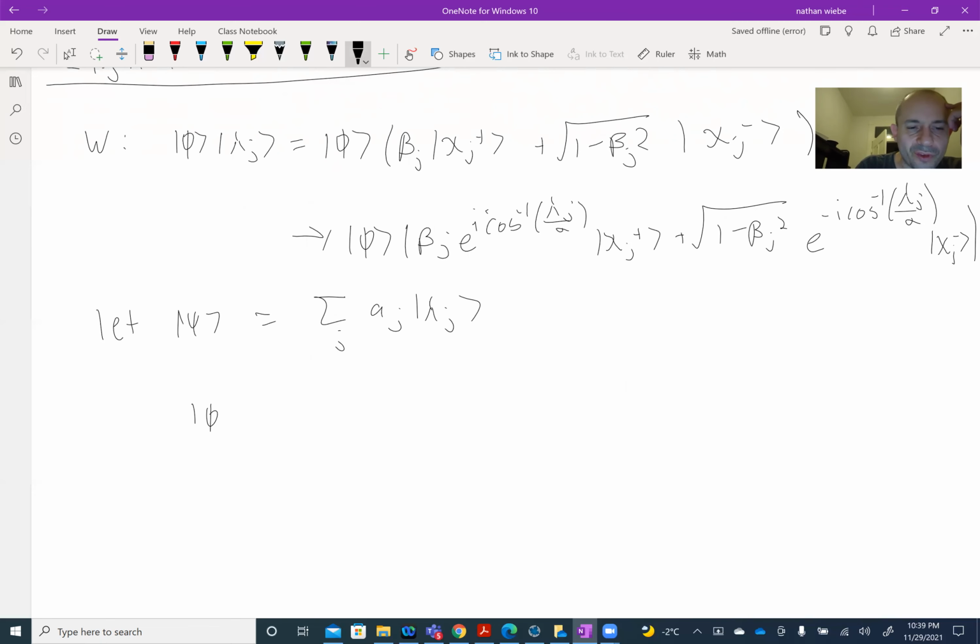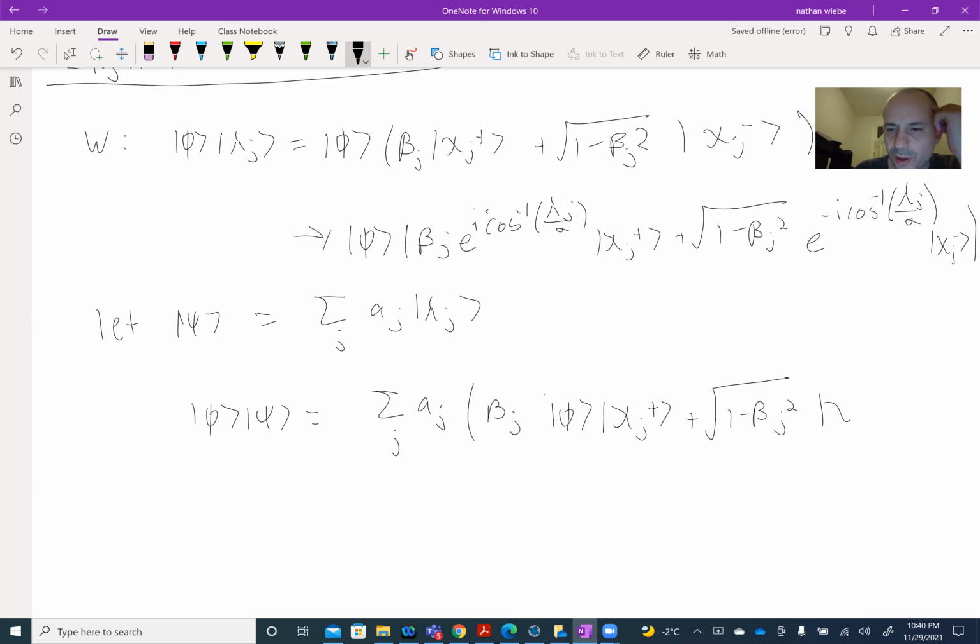Then this initial state, phi psi, we can rewrite as the sum over j, aj times phi, beta j phi chi j plus square root of 1 minus beta j squared chi j minus. All right, so this is our resulting state.